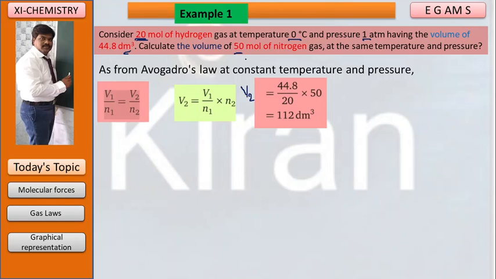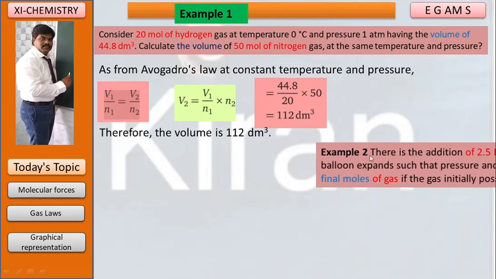So 50 moles is equal to how much? More than double. In that way, the unitary method also you can do it. Why? Equal volumes of all gases have an equal number of moles. So here 20 moles is 44.8, so 50 moles how much? In that way also you can do. Therefore, the volume is 112 dm cube.